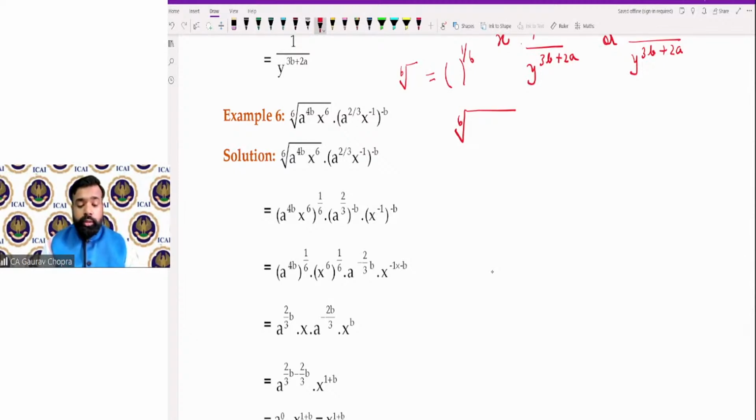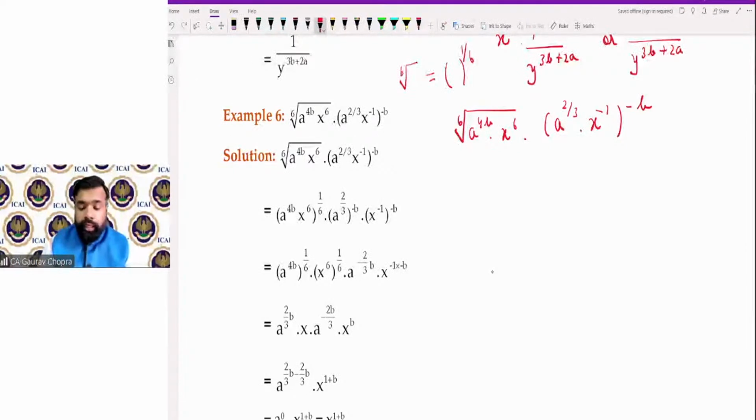So it is sixth root of a to the power of 4b and x to the power of 6, multiplied by a to the power of minus 2 by 3 and x to the power of minus 1, whole to the power of minus b. So this is the given case.